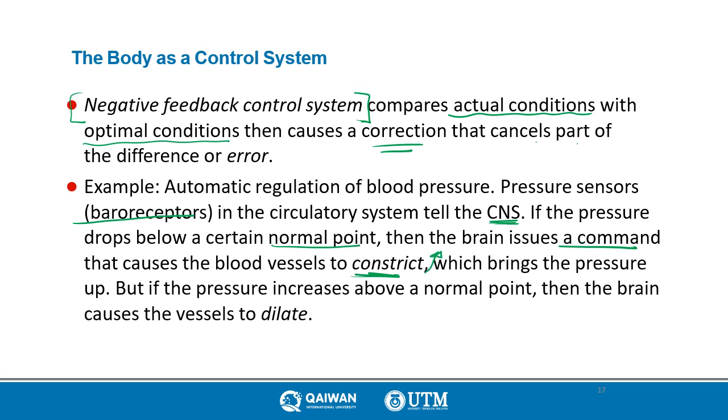But if the pressure increases above the normal point, then the brain causes the vessels to dilate. Dilate is the opposite process of constriction. So when the blood vessels dilate, the blood pressure will be reduced.